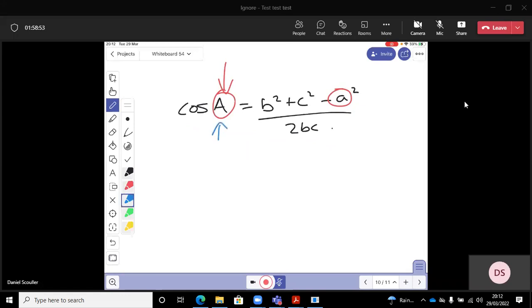That is the angle you're trying to find. That is its matching pair. The other sides, so what B is and what C is, doesn't matter which way round they come. B squared plus C squared is the exact same whichever way round you do that. The important part of this formula is what you have as your matching pair.